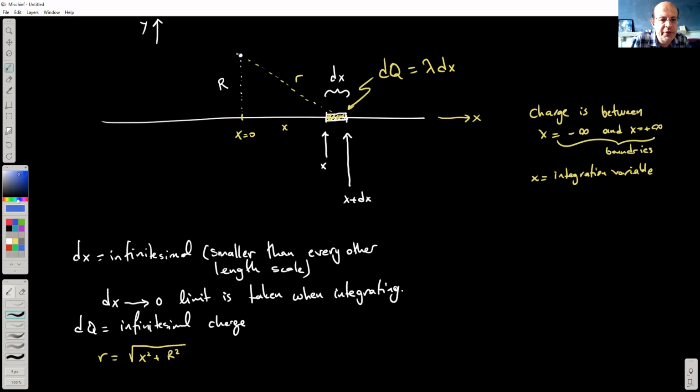I was always using this blue color. So the electric field produced by that piece of charge in here, right at that point, I first draw it in here. I don't need this electric field vector, but I need its components. So as a result, I basically think about all the components in here. So in any case, I'm just going to draw these two. So there's this y component in here, and there's an x component.